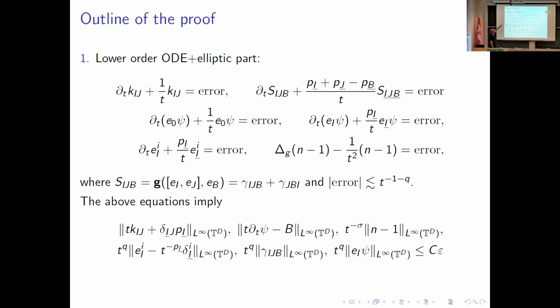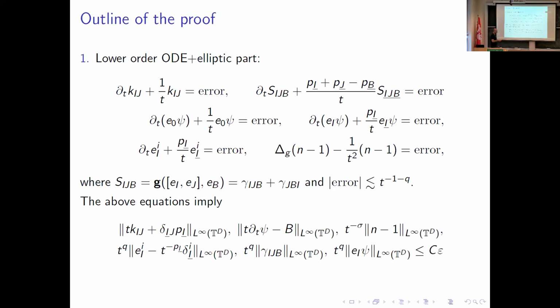One is the ODE part that drives the blow up, that we also heard about from Warren. And you can easily read it off in this framework. In order to get the spatial connection coefficients, you need to consider a special combination that has to do with the structure coefficients that Hans also told us about. And from these, you get immediately, if you assume the right-hand side is error, you estimate it, let's say, using the bootstrap assumptions or the top order estimate.